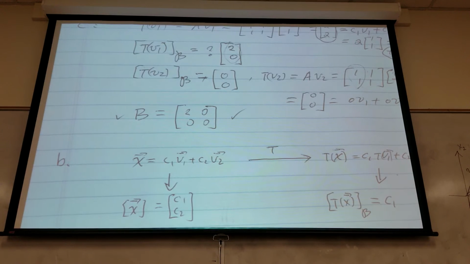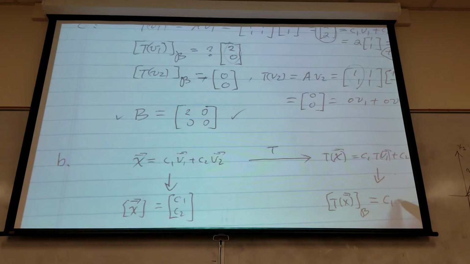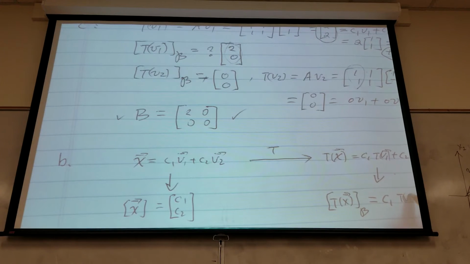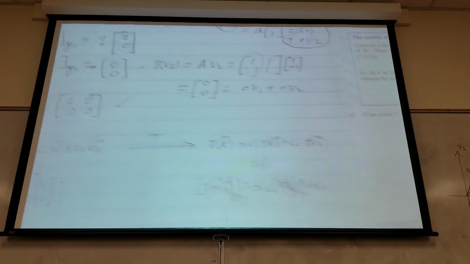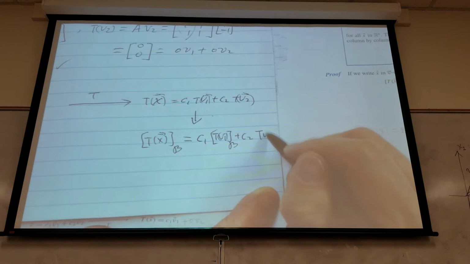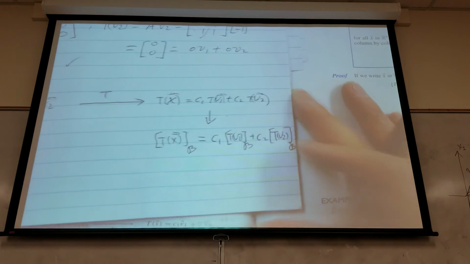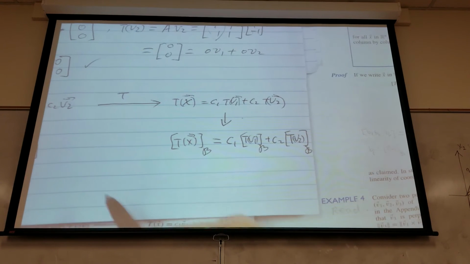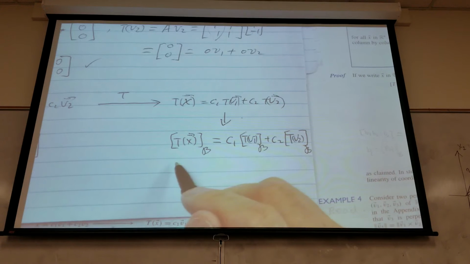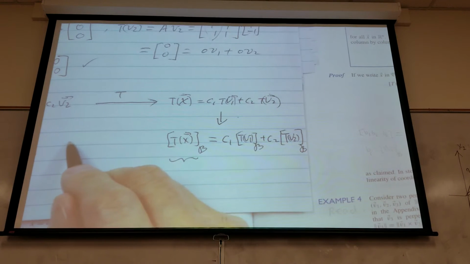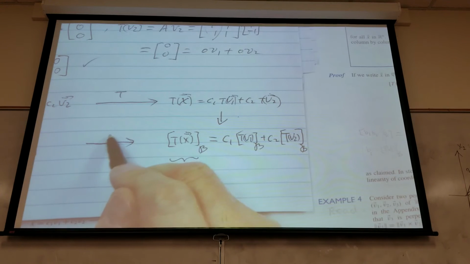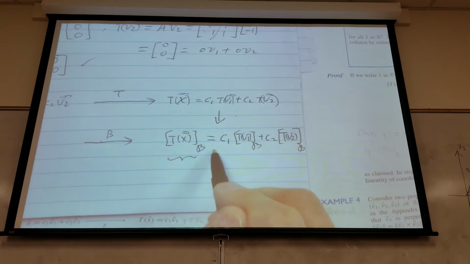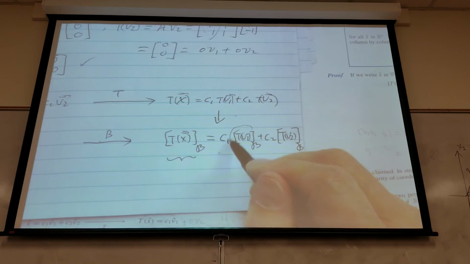We put the bracket on Tv1, sorry. And then after I found this, I can find B. So B times this should be equal to this. So the key is we need to find this, right?